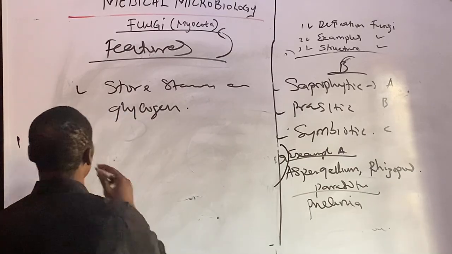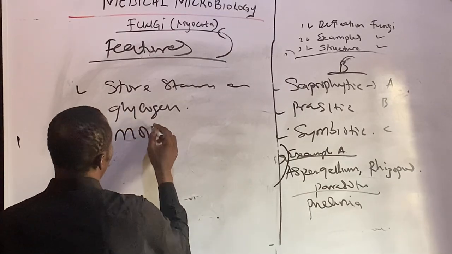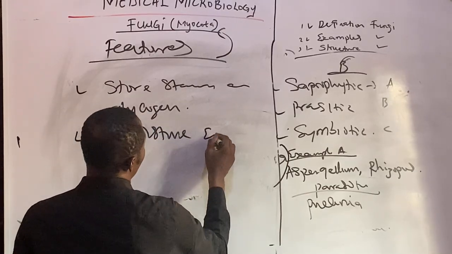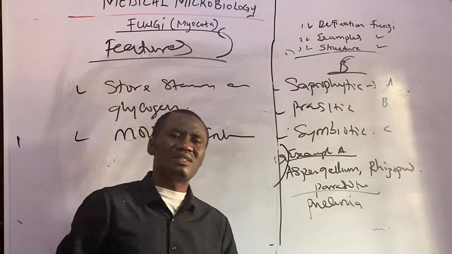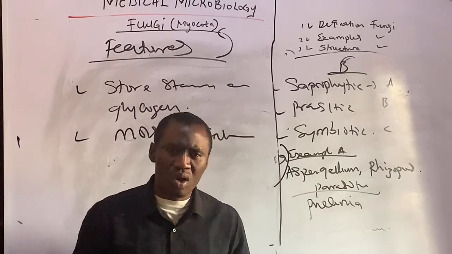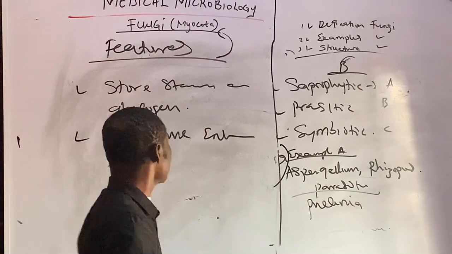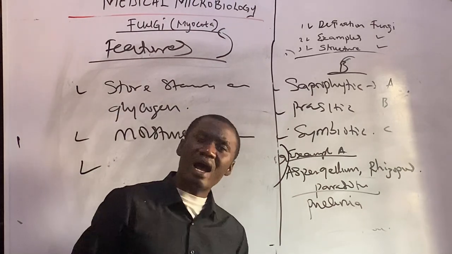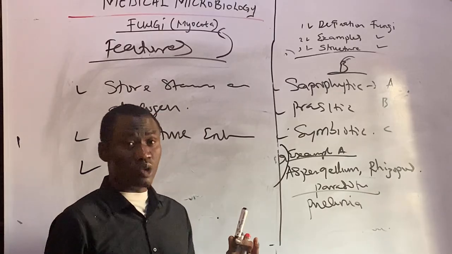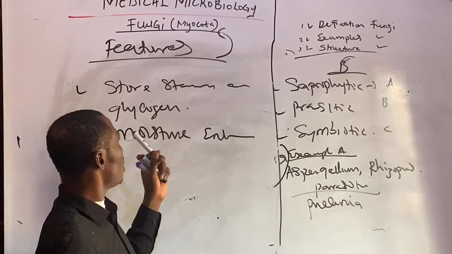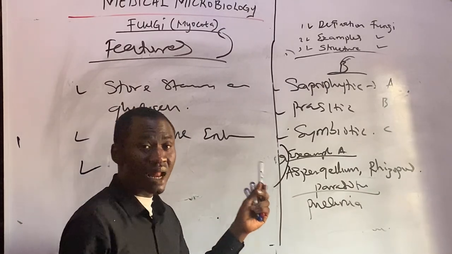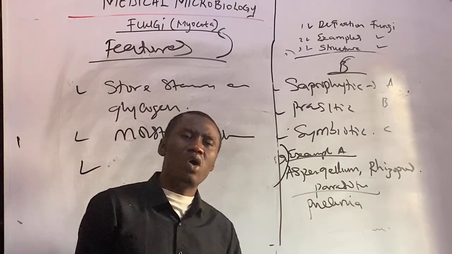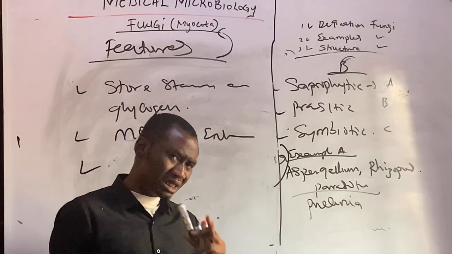Take this one in. Fungi are found in moisture environment. Now, number four is that fungi, apart from being found in moisture environment and storing starch as glycogen, are also saprophytic.